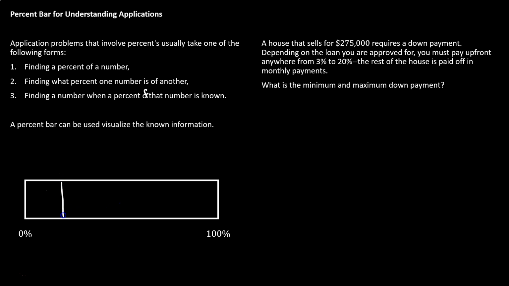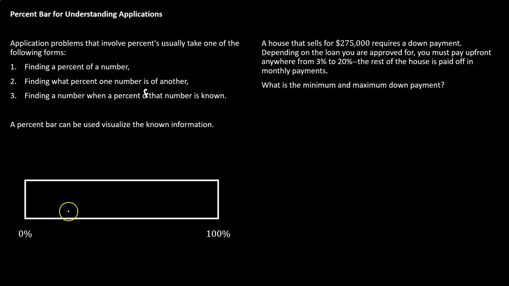I can make it into fifths, where I say each one of these sections is 20%. I can cut it into quarters, where I say each one of these sections is 25%. And it does not matter which one of the sections we're looking at. It's a lot like how we drew our fraction visuals.